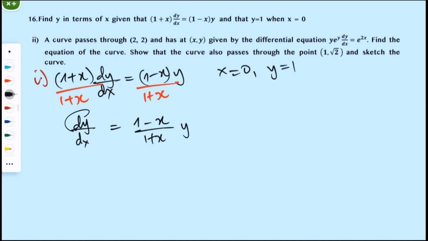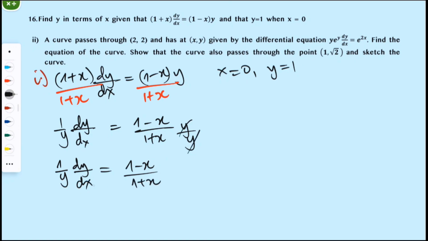I have to carry this y over to where dy is, so I'm going to divide both sides by y, and then this will be 1 over y dy/dx equals (1 minus x) over (1 plus x). Since we have all the x's here, let's take dx to the right hand side, so we have 1 over y dy equals (1 minus x) over (1 plus x) dx.